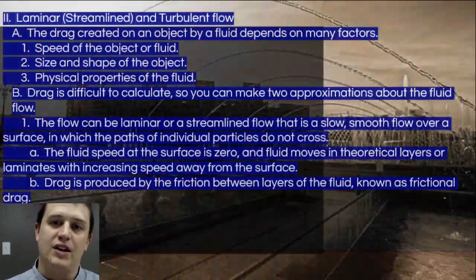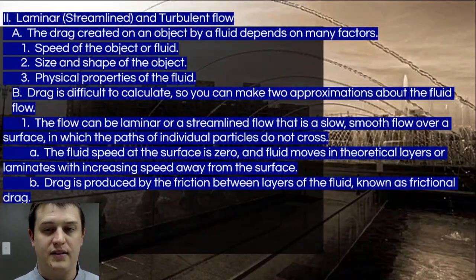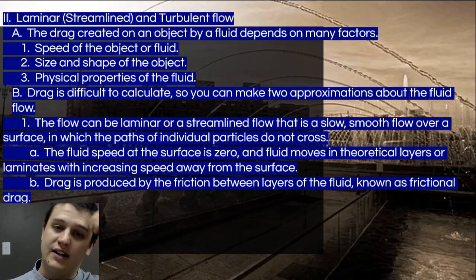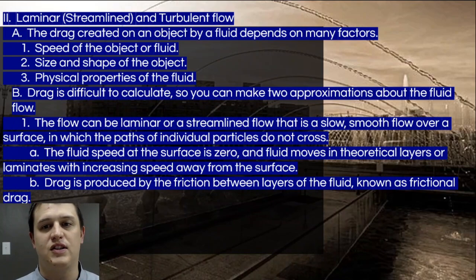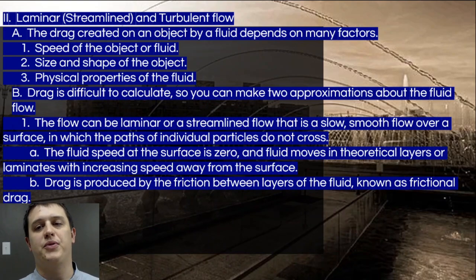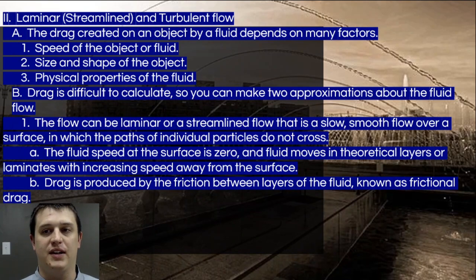Moving on, laminar or streamlined and turbulent flow. So laminar is streamlined, turbulent is different. Drag depends on many factors: speed of the object or fluid, size and shape of the object, and physical properties of the fluid. Those are the three main things. If it's moving very fast, it's going to have more drag just because it has so much contact happening quickly.